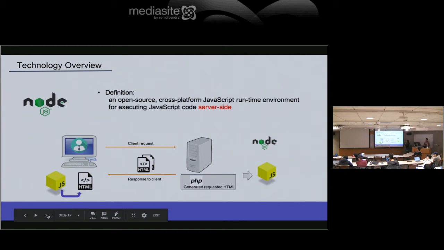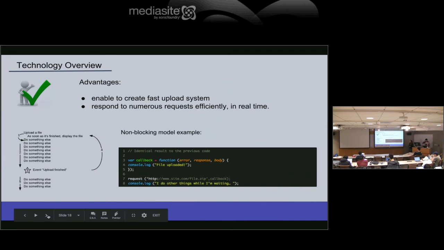So for Node.js, it just enables us to run JavaScript at the server side. There are many advantages of Node.js, and among those advantages, I pick two that are related to our project.